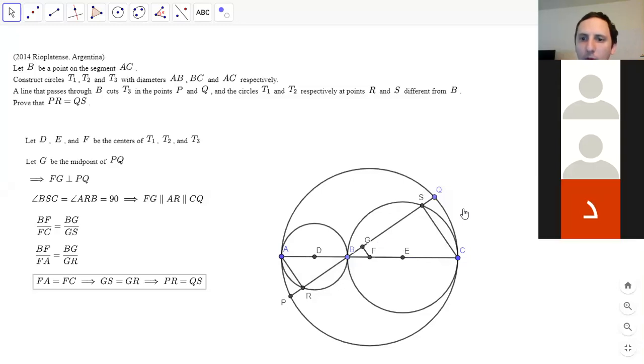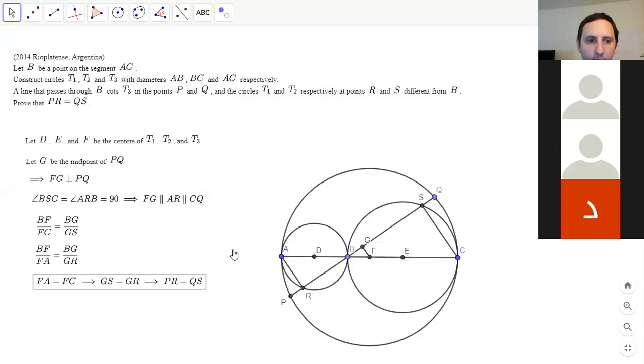Hi. I guess we want to show FSQ is congruent to FRP. Is that what you're thinking? That's all right. Yeah, you can type it in the chat if you think of it later.